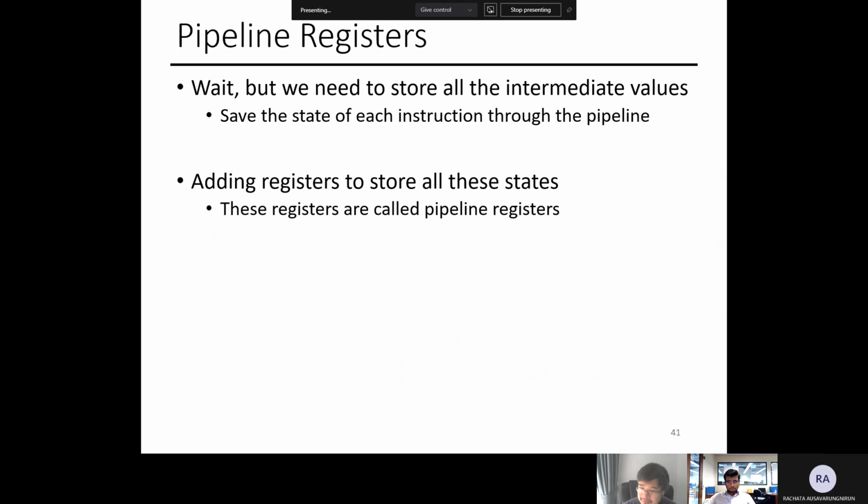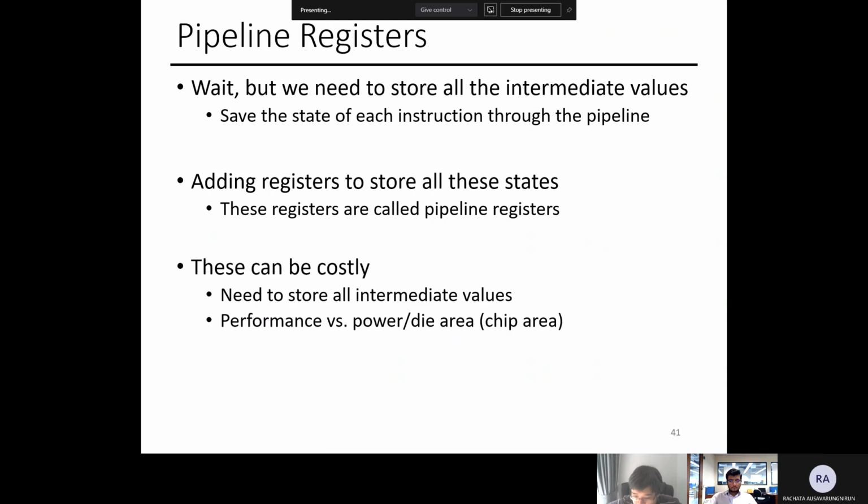What's the downside of that? Register takes hardware component to implement, right? So it does come with additional cost because you need to store every intermediate value. This is basically the performance versus die area. So let's say I want to build chips for an air conditioner remote control.